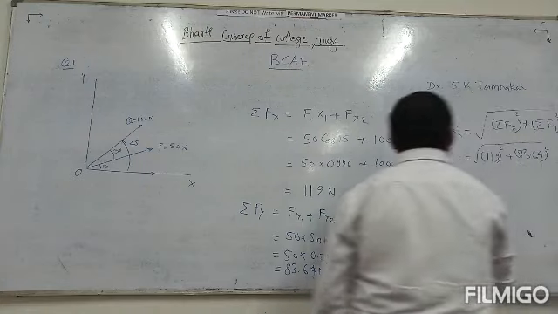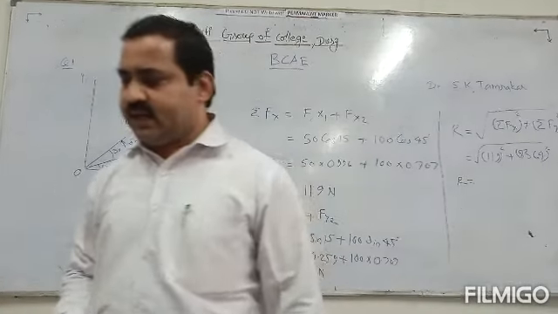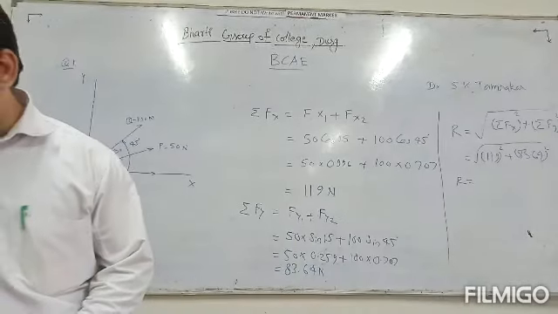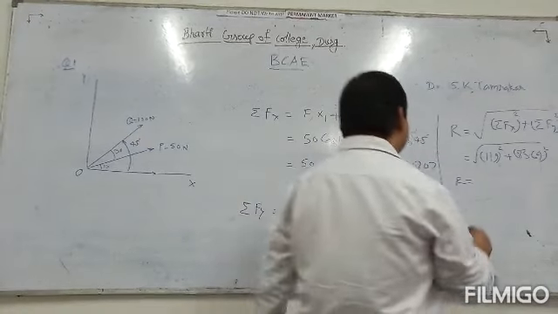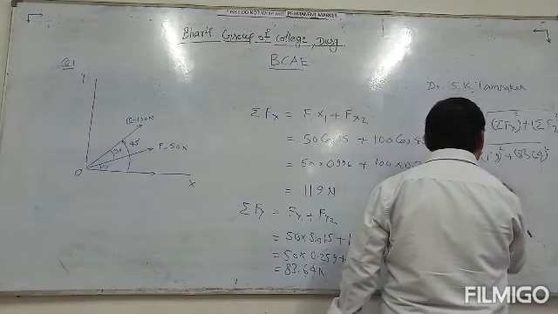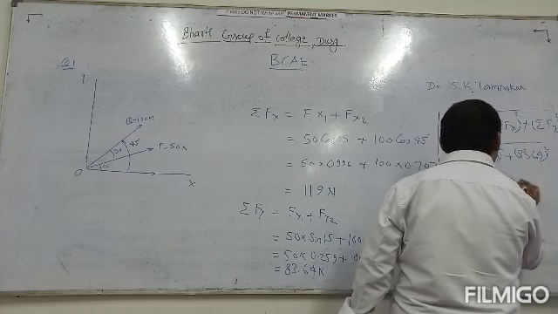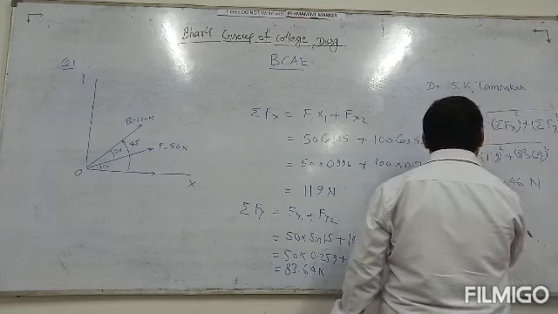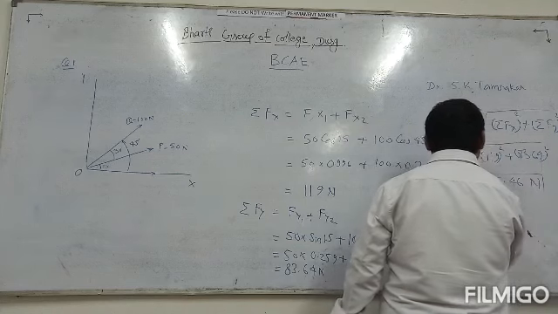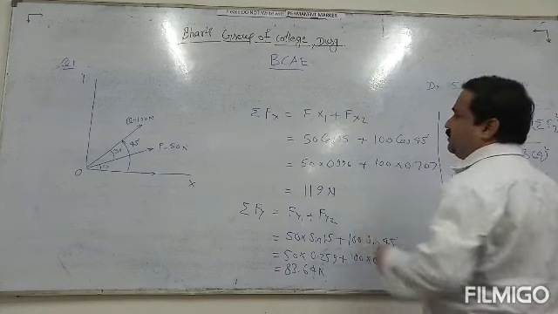So this value of R resultant comes 145.46 Newton. This is the resultant of this.